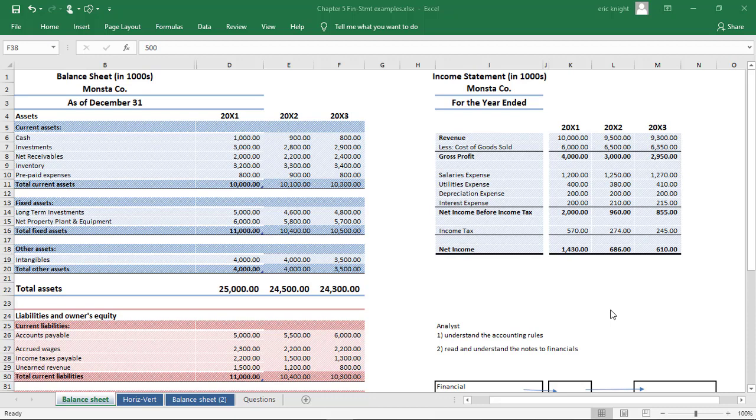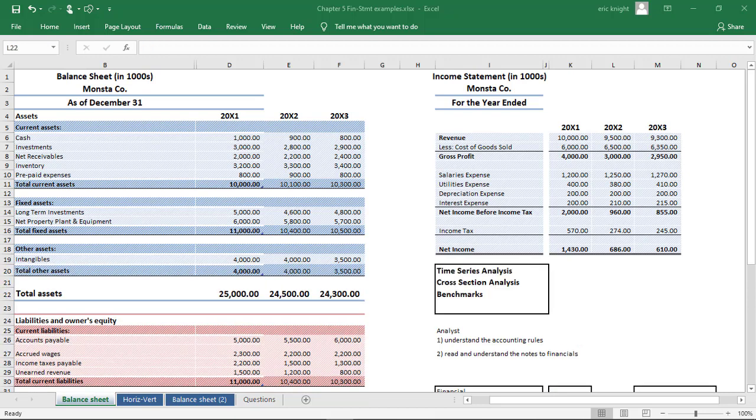A benchmark is a predetermined standard, something that you would expect to see, and you want to compare whether the company is doing better or worse than that benchmark. So we have three key terms that we just went over: time series analysis, cross-section analysis, and benchmarks.